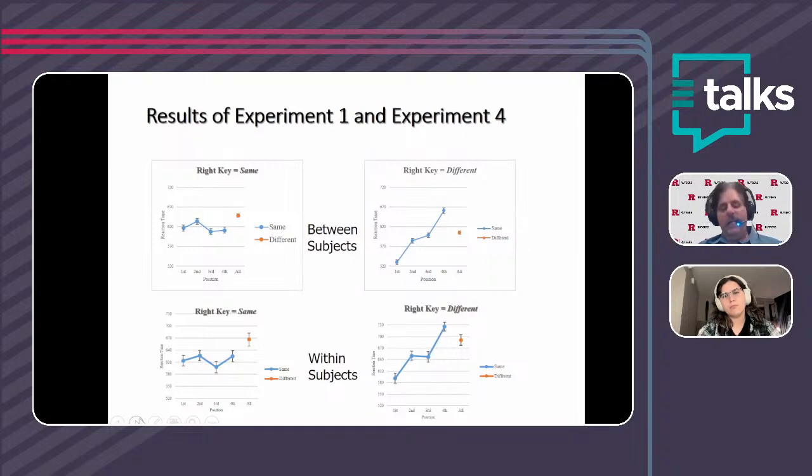If the test consonant is perceived as recent, that is, someone perceives it as having just been seen before, then they infer that it was in the study sequence and they respond same. But if the test consonant is perceived as novel, that is, it seems like something new, then they infer that it was not just in the study sequence and they respond different. So we have two entirely different kinds of information and computational process being used depending just on which key is assigned the same response and the different response.